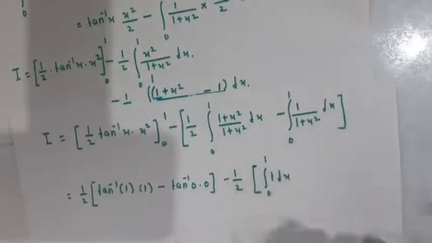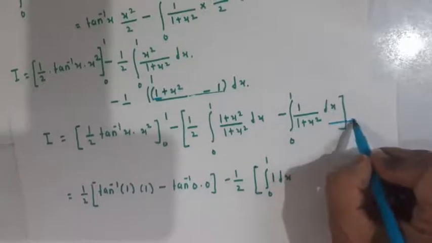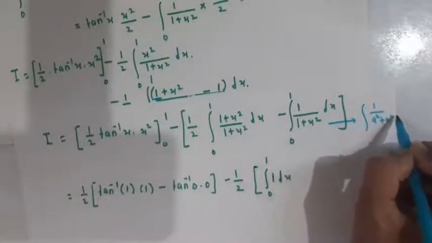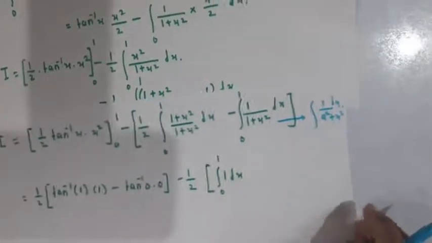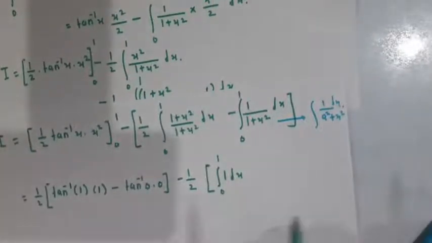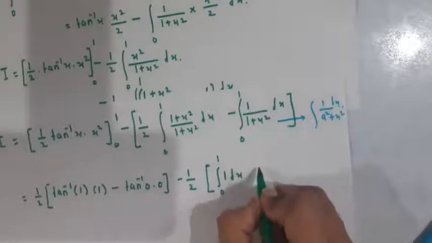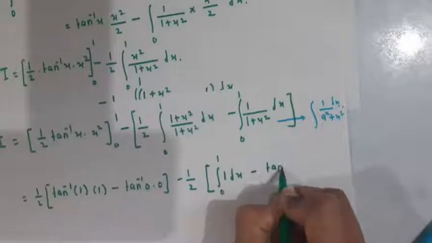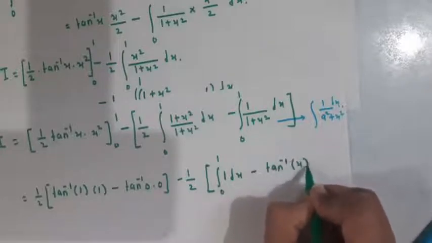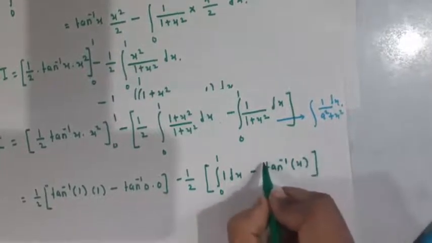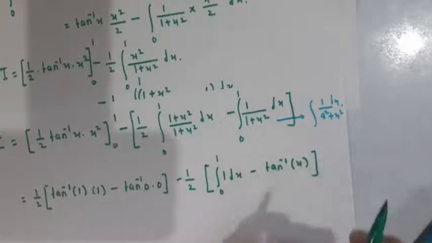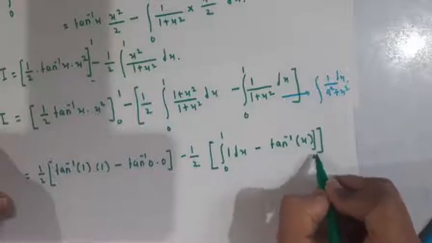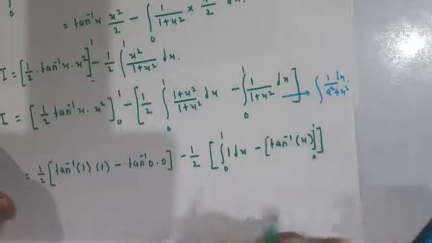The other integration is of the type 1 upon a square plus x square with respect to x. Its result is 1 by a tan inverse of x by a. This is 1 by 1, and tan inverse of x by 1 means x, with limits of integration 0 to 1.